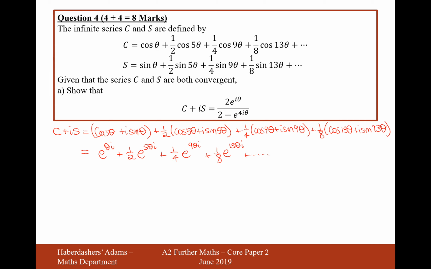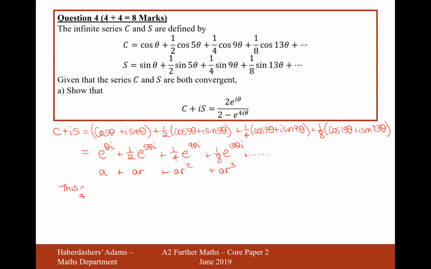Now what we've got ourselves here is a geometric sequence. It's going to go a plus ar plus ar squared plus ar cubed. Now a is effectively going to be the starting term here.